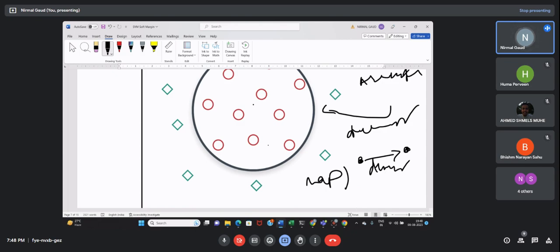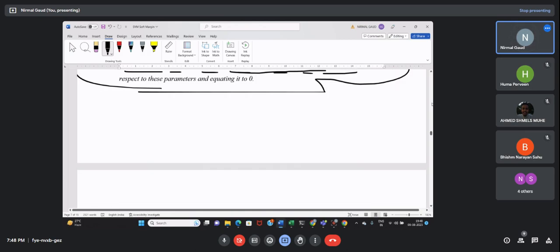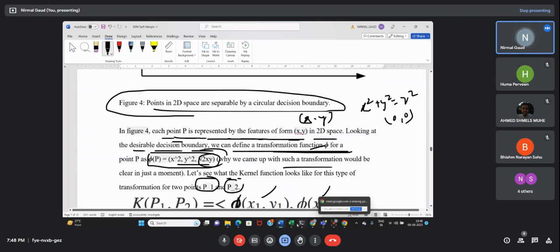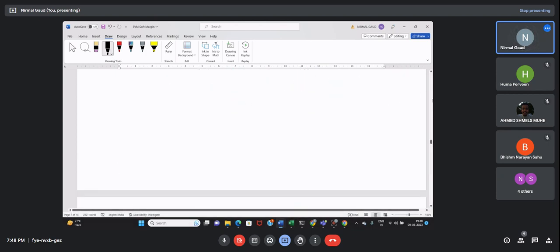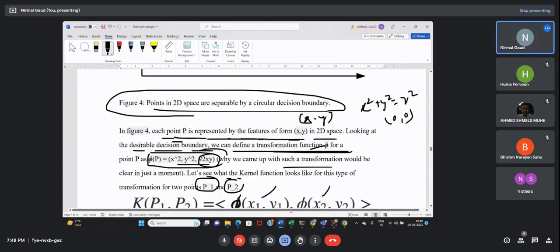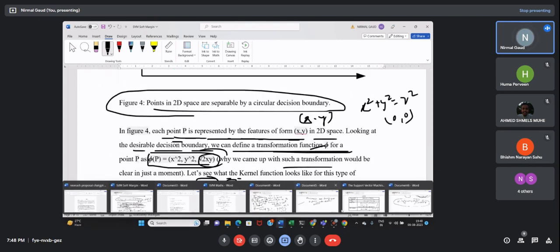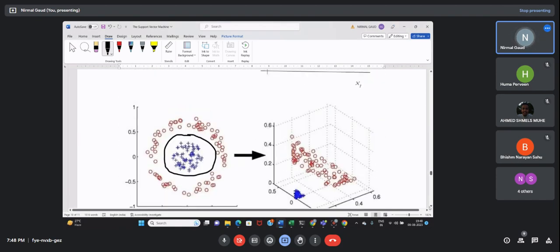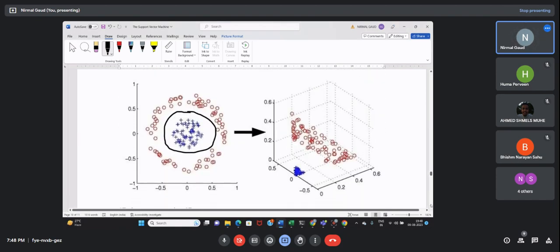So this particular transformation will actually look like this. We have seen how it's going to look.